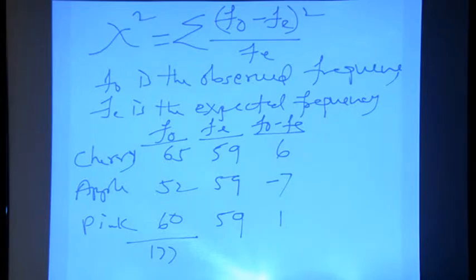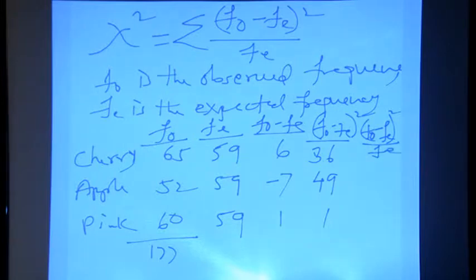To avoid that 0, we have learned the trick, and that is to square the numbers, so we have FO minus FE the whole square: 36, 49 and 1. Now, that is not all, we have to divide by FE.